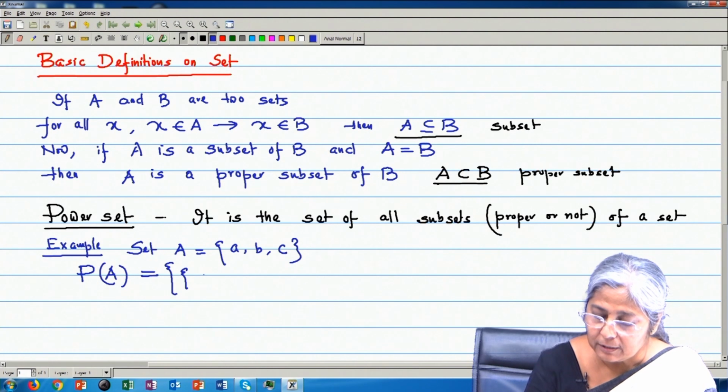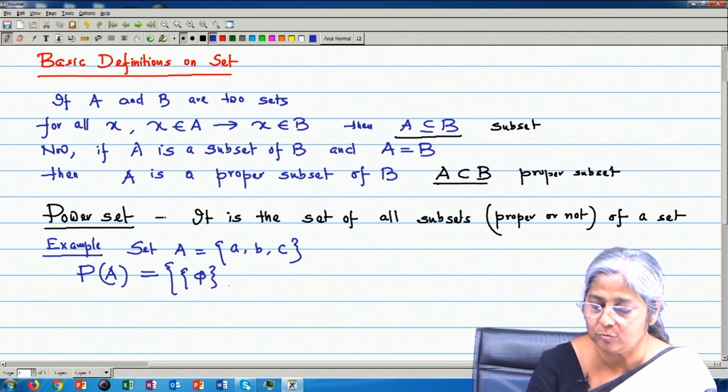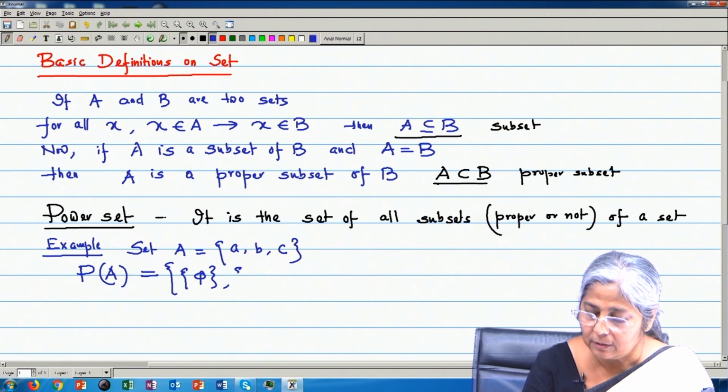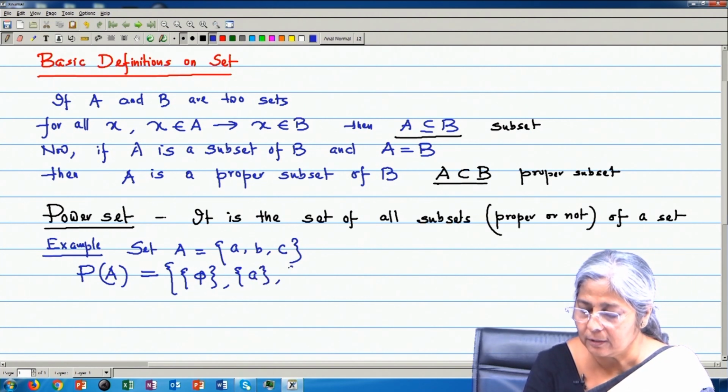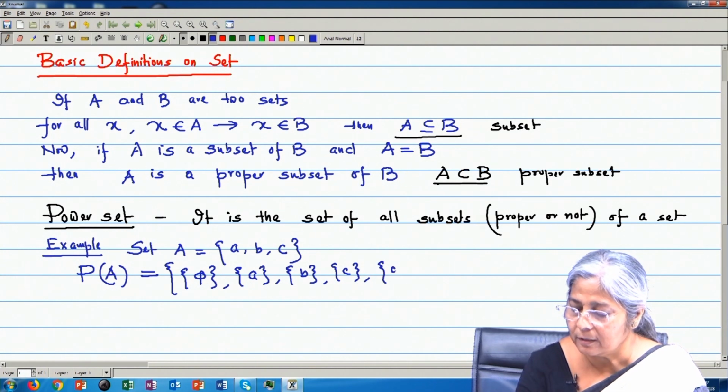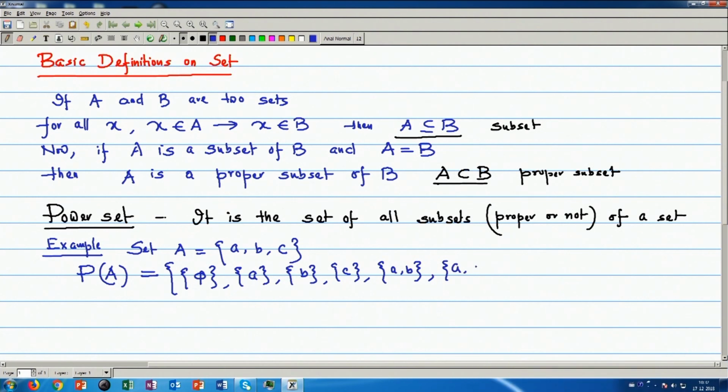First is the null set, which is one subset. Then sets having only one element like {a}, {b}, {c}, or two elements, say {a, b}, {a, c}, {b, c}, and all three elements {a, b, c}.